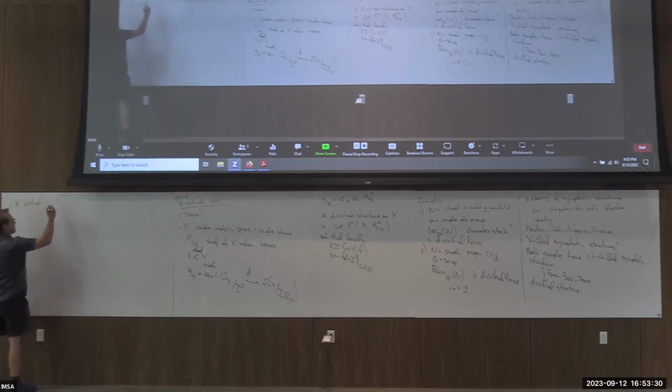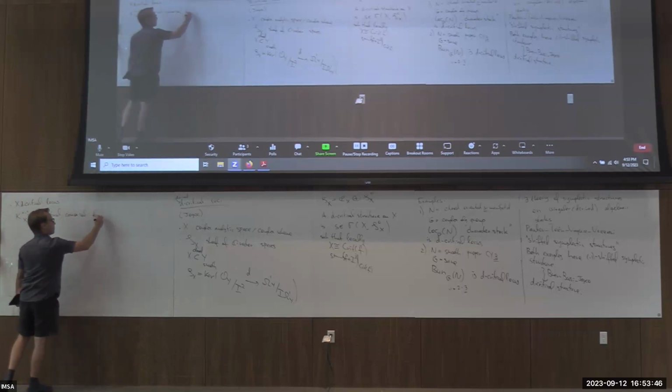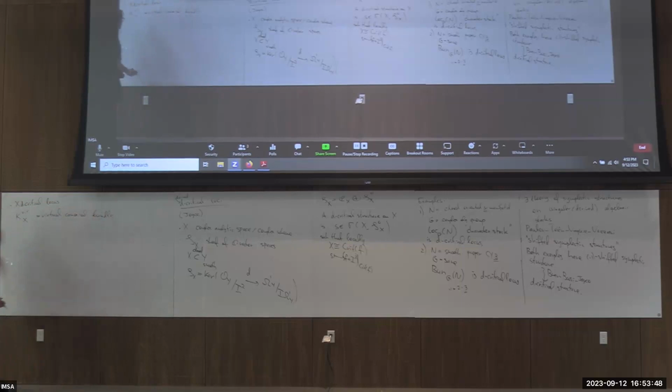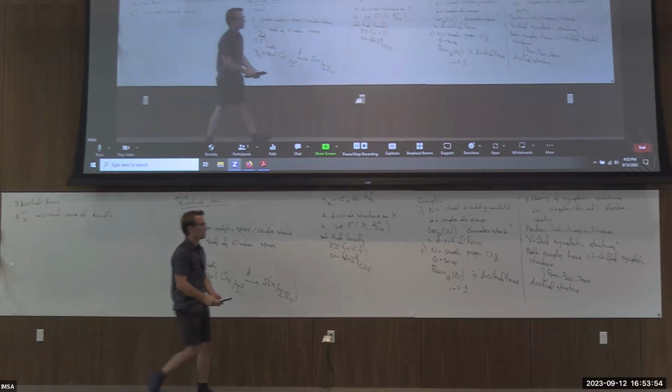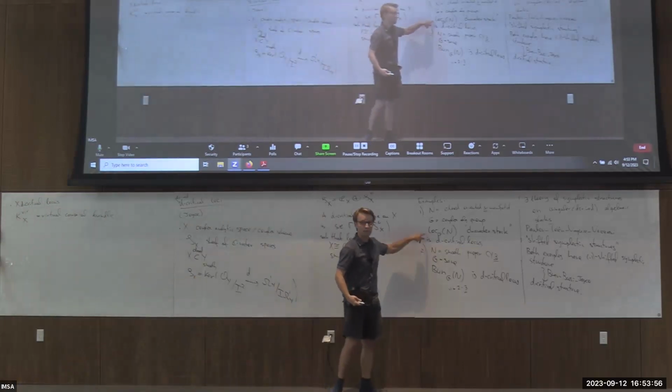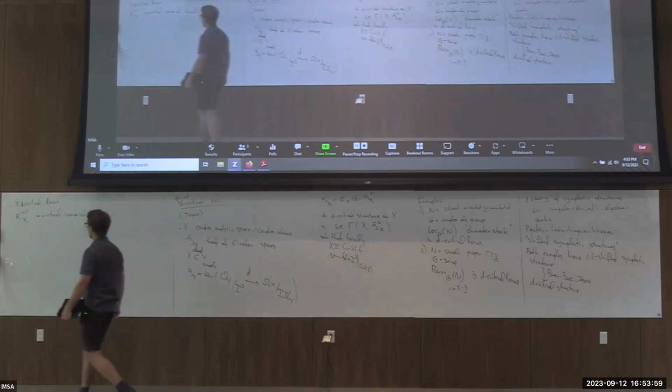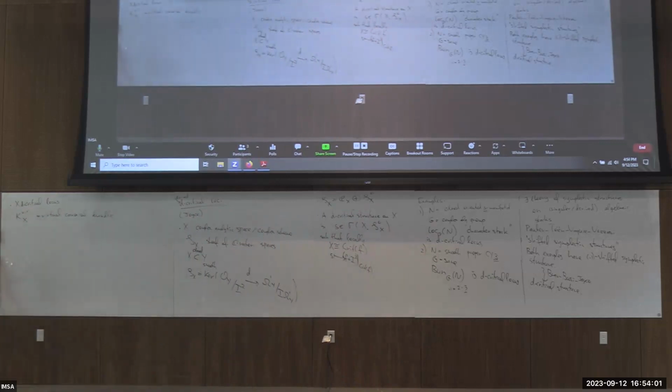So if you have some derived locus, you can define what's called a virtual canonical bundle. So I will not define it in general, but let me just explain what it is in the 2 examples. So this is some singular scheme, so you can't just take the usual canonical bundle.